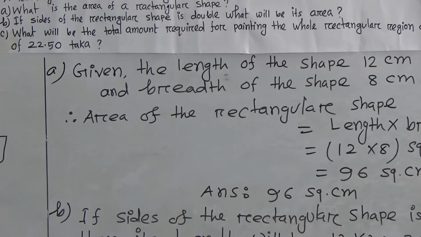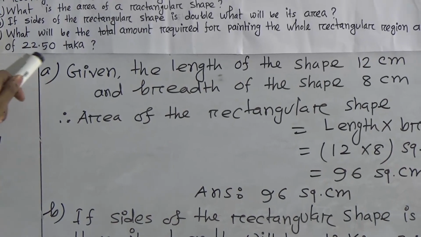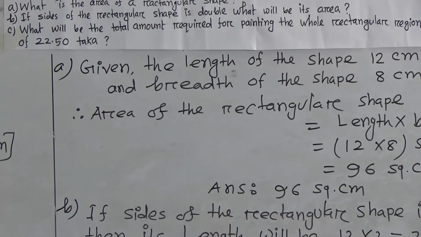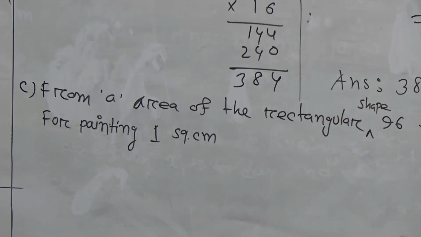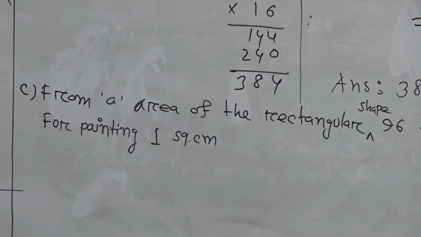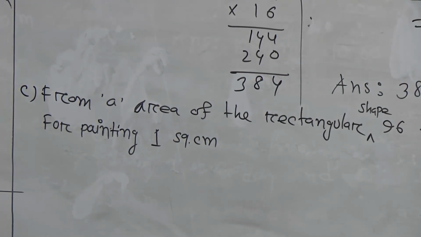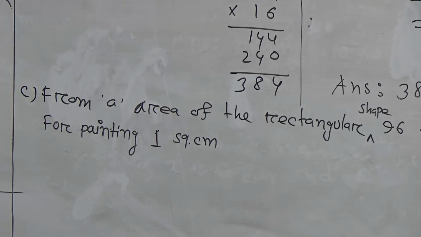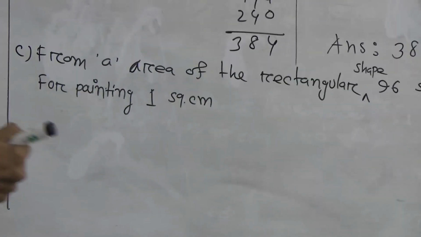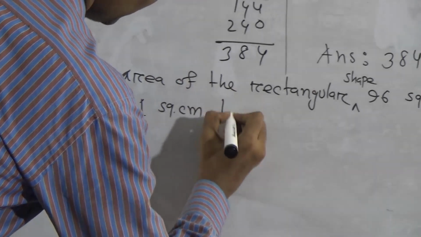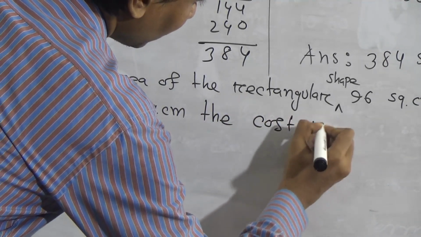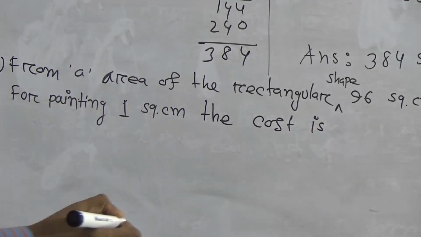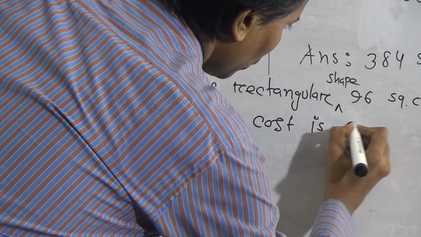At the rate of 22.50, that means for painting 1 square centimeter, cost is what? 22.50 taka. Now write. For painting 1 square centimeter, the cost is how much? 22.50 taka.